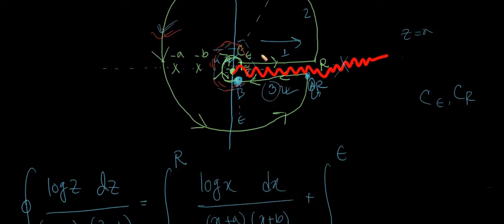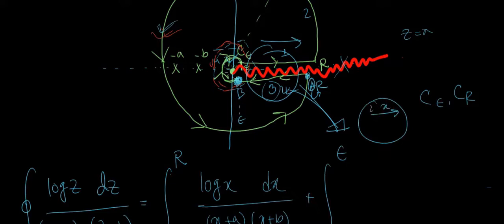That means if you zoom this area in like this, the upper part goes like this. So that's why z equals x over here. However, when you go back like this, you are actually having z as x e to the power 2 pi i. Why, you may ask at this point?